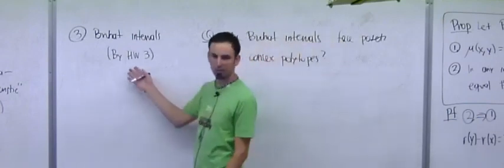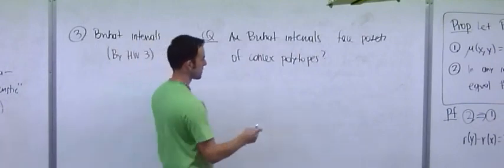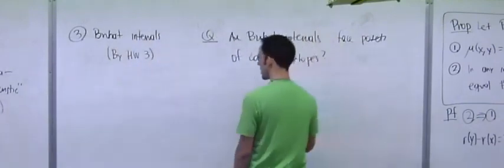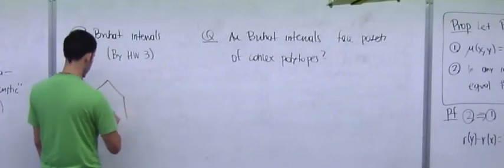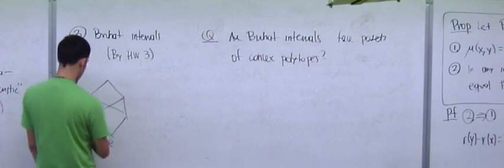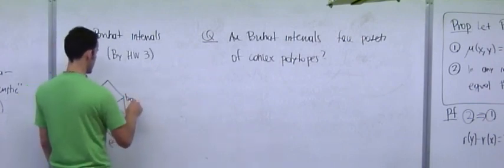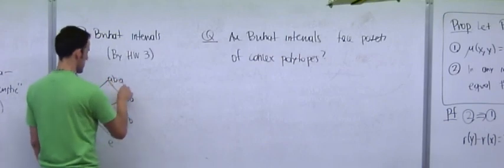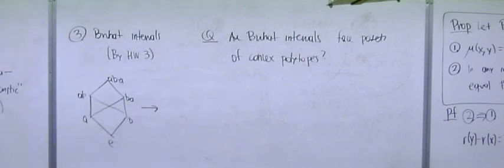Because if they were, then this would give you a new proof of this. So maybe we should try. Let's try to make a polytope that has this face poset: E, A, B, A, B, B, A, A, B, A. So let's try to make a polytope such that those are the faces.